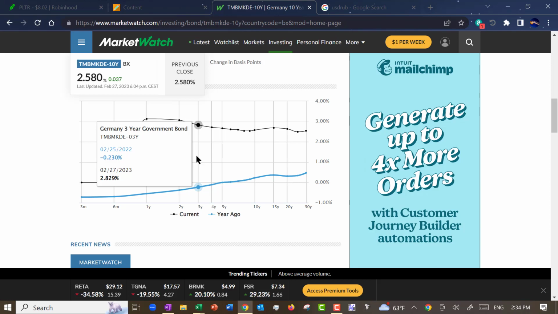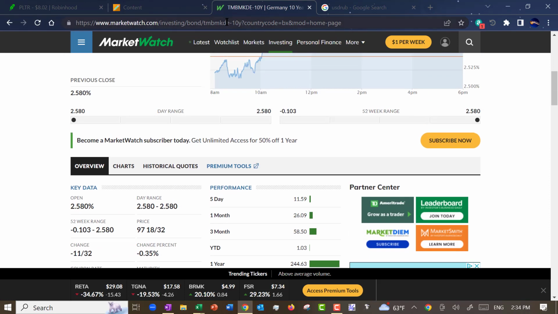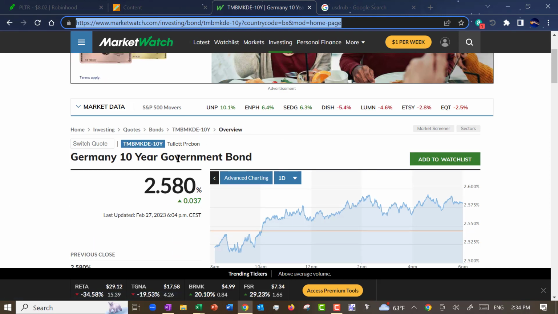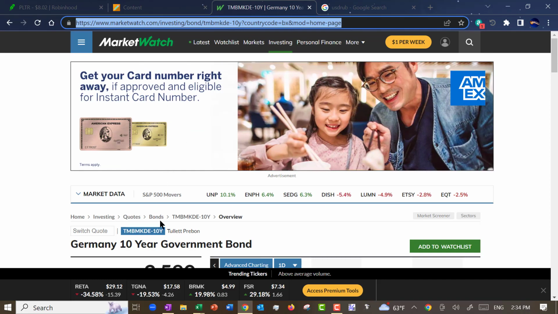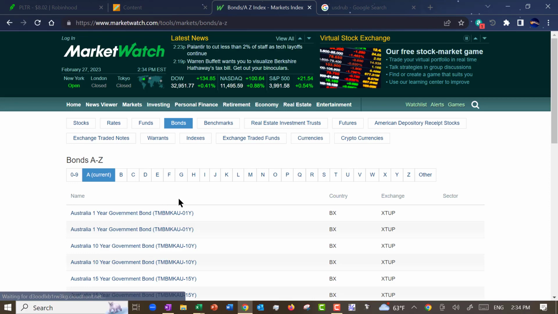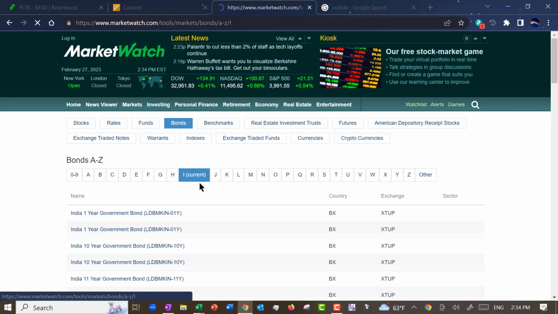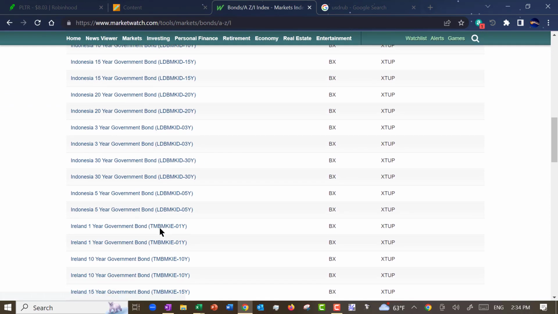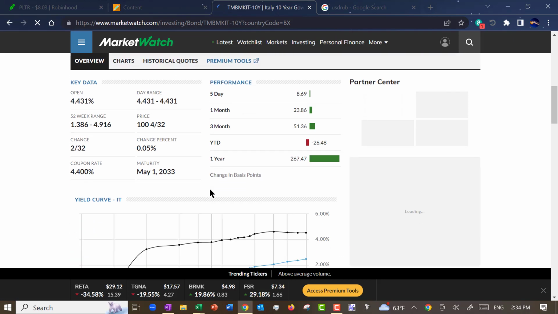But depending upon the government, obviously things do change. You wouldn't see that in Italian bonds, for example. A 3-year bond 1 year ago, even in Italy, it paid a positive interest.